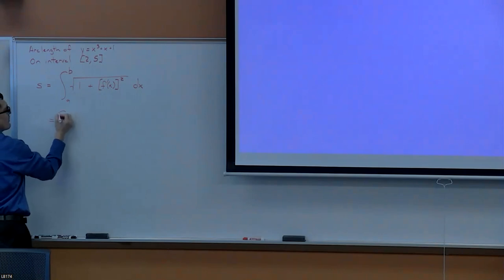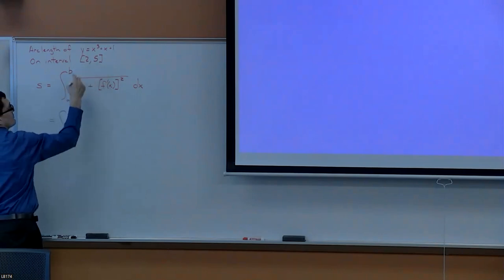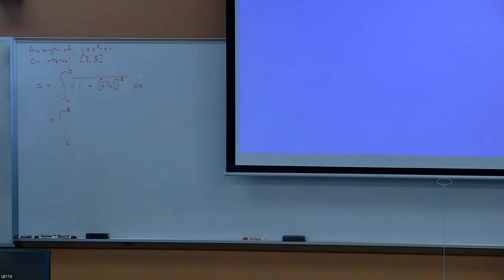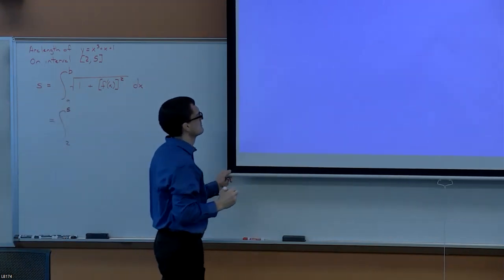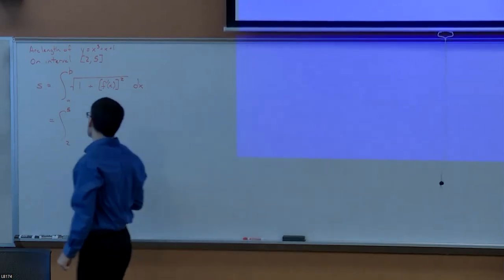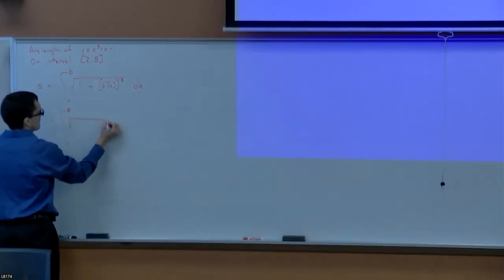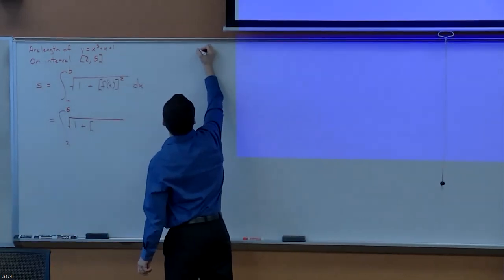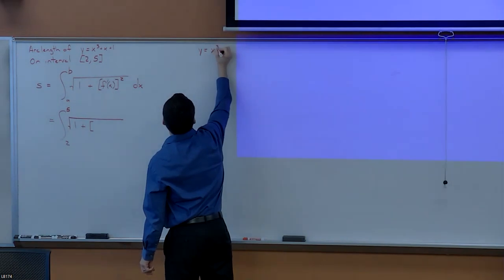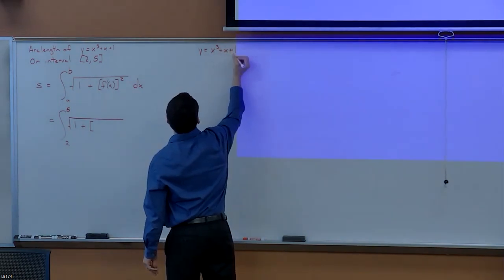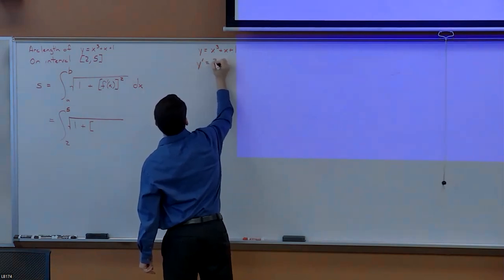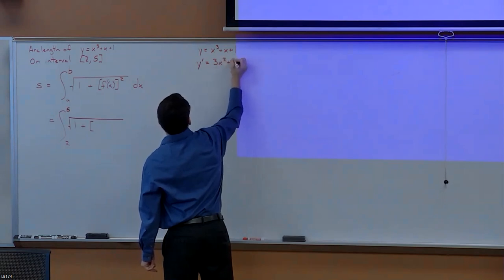It's pretty straightforward that if our bounds are from 2 to 5, then I'm going to be integrating from 2 to 5. I'm going to take a square root of 1 plus the derivative of my function. Now, my function is x to the third plus x plus 1. So the derivative of that function is simply 3x squared plus 1.